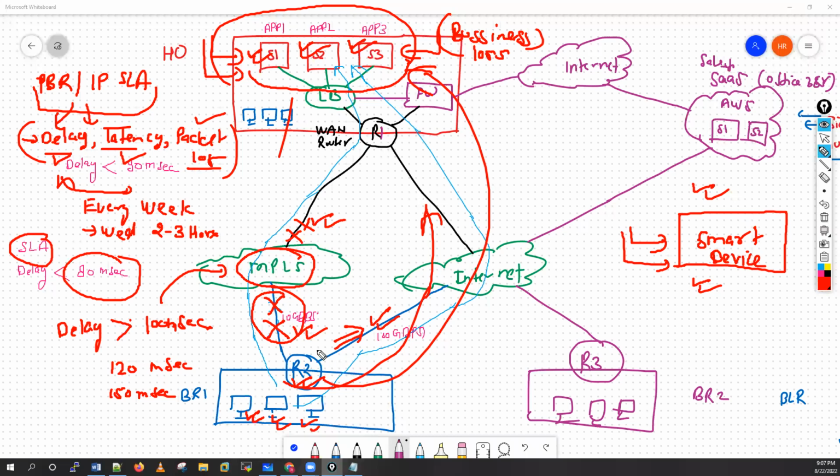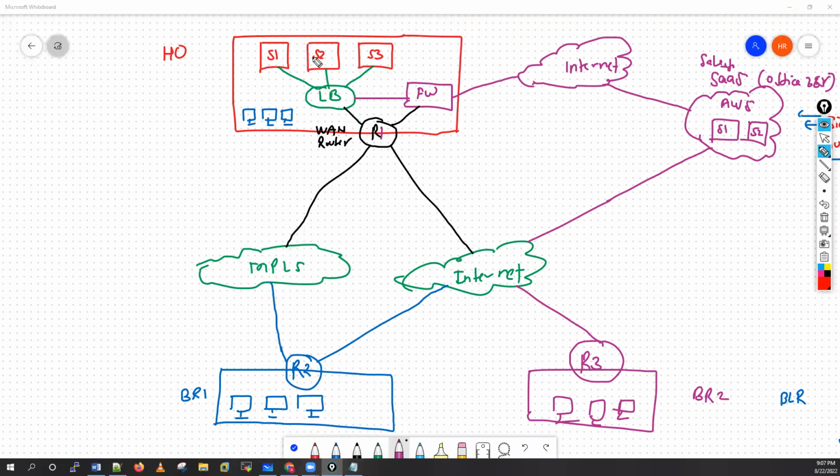So due to this, SD-WAN has solved the problem of your application experience. It has solved the problem of latency and delay, because it is able to shift the traffic from one link to the other. If there is a delay, if the SLA is breached on this link, it will do an automatic traffic shift.